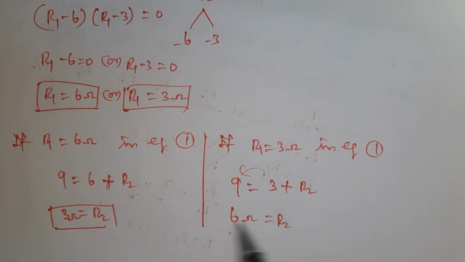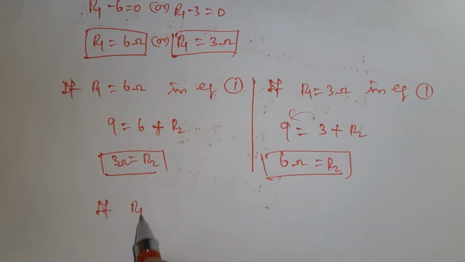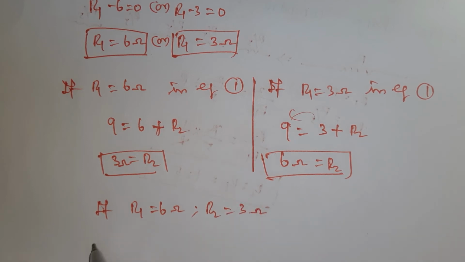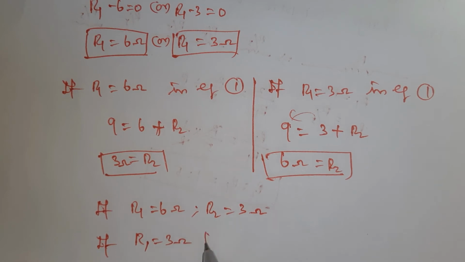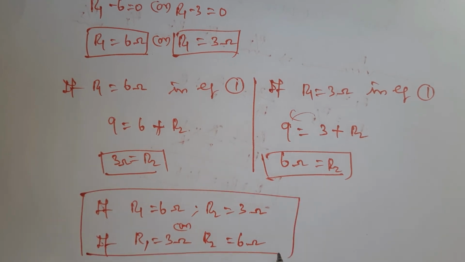This is R2. So there are two possibilities. If R1 is equal to 6 ohm, R2 is equal to 3 ohm. If R1 is equal to 3 ohm, then R2 is equal to 6 ohm. Two possibilities. This is the answer for the first one.